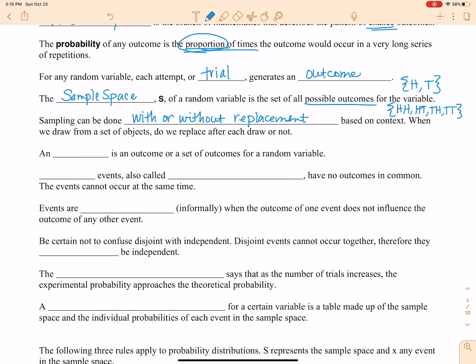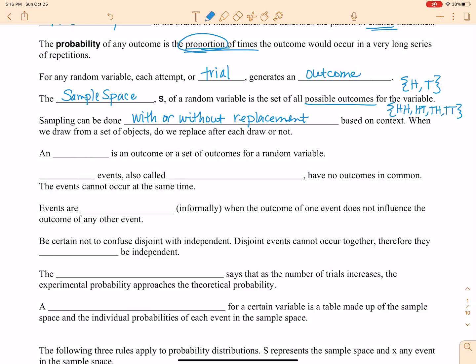I'm not placing it back in the deck. So if I leave it out of the deck, that means that all subsequent probabilities thereafter are going to be affected by that, and I will have one less card to choose from. So it is important when you're thinking about with or without replacement, it will change your probabilities. So again, we will talk about that in an example and in later videos.